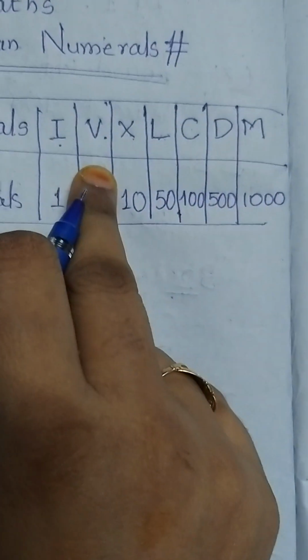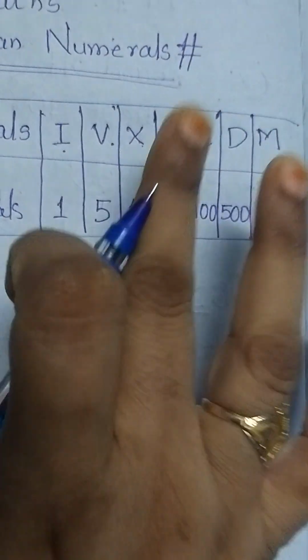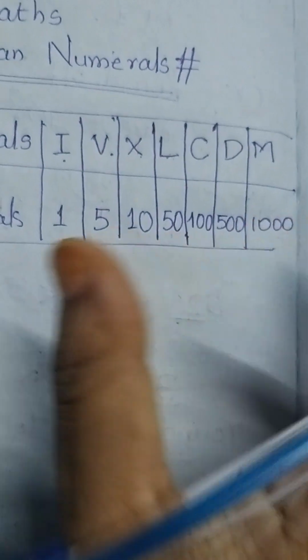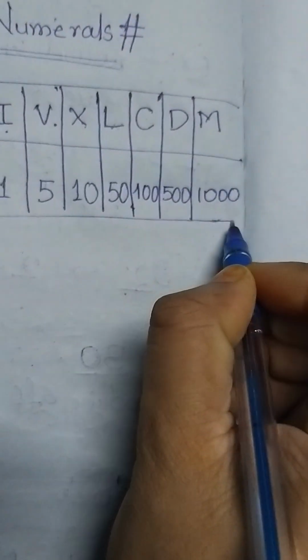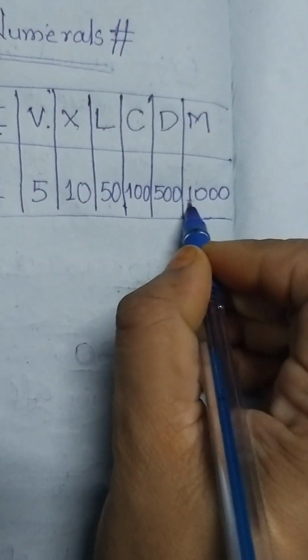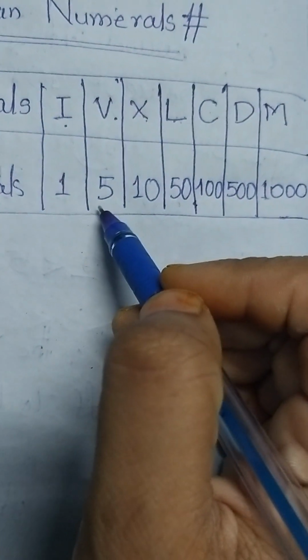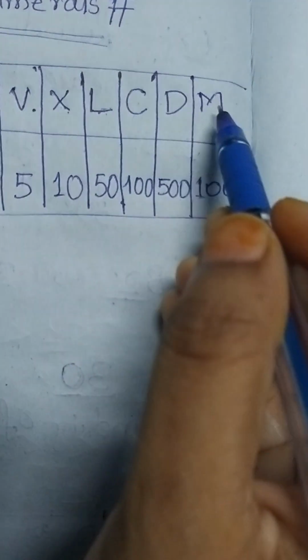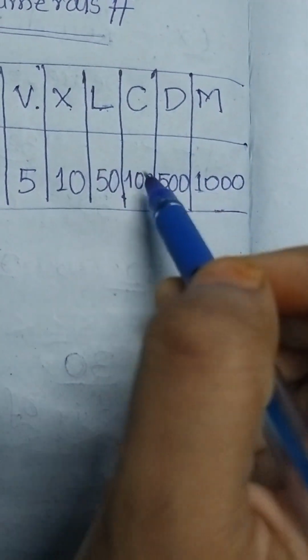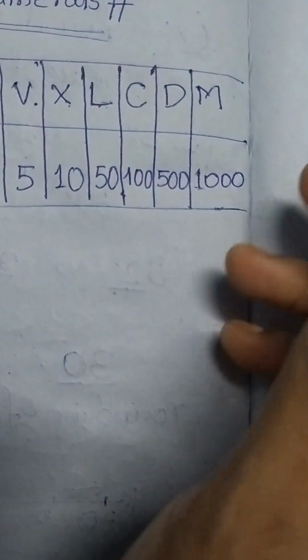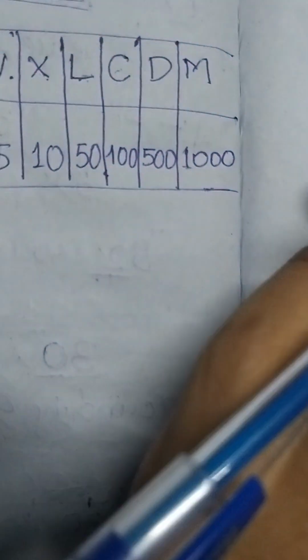We have to remember these seven symbols perfectly. Then you can write whatever you want in Roman numerals. I, V, X you easily remember, children. LCDM means 50, 100, 500, 1000. First you have to remember this, especially this one, LCDM: 50, 100, 500, 1000.